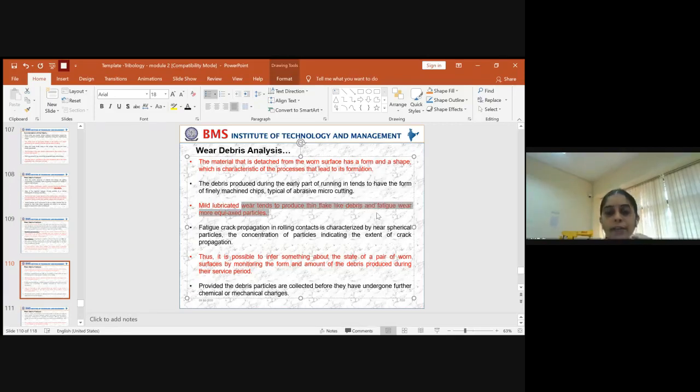So if you are getting fatigue wear, or very minute or very thin debris across the surface, then these are caused due to using a mild lubricated surface. Thin flakes of debris across the surface or fatigue wear usually come in. So all these are due to use of a mild grade of lubrication.